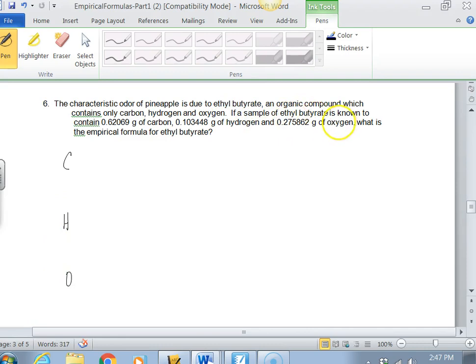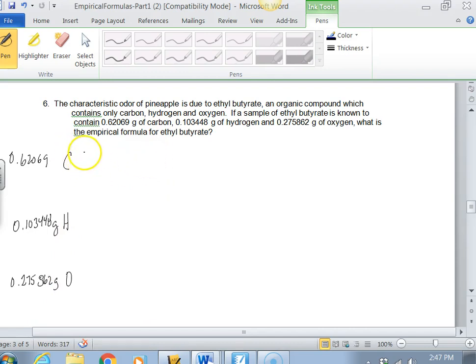If a sample of ethyl butyrate is known to contain 0.62069 grams of carbon, 0.103448 grams of hydrogen, and 0.275862 grams of oxygen, what's the empirical formula for the compound?